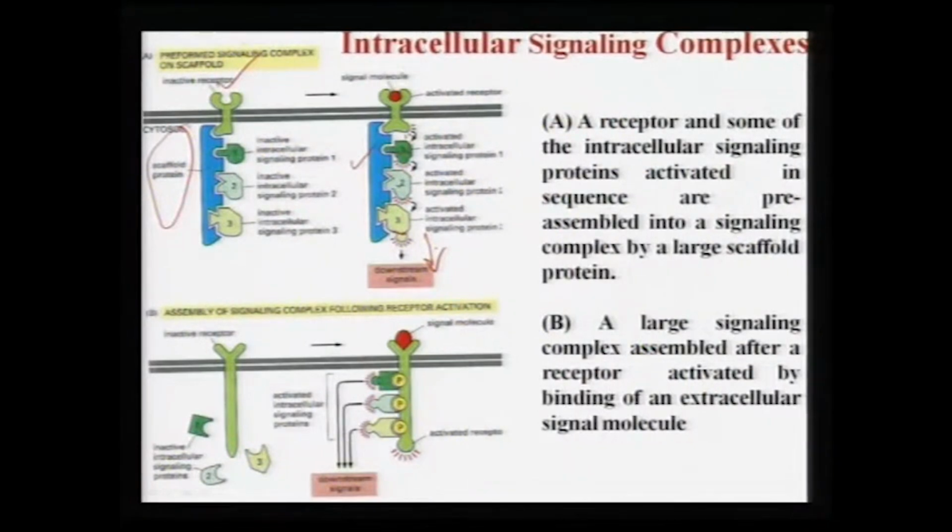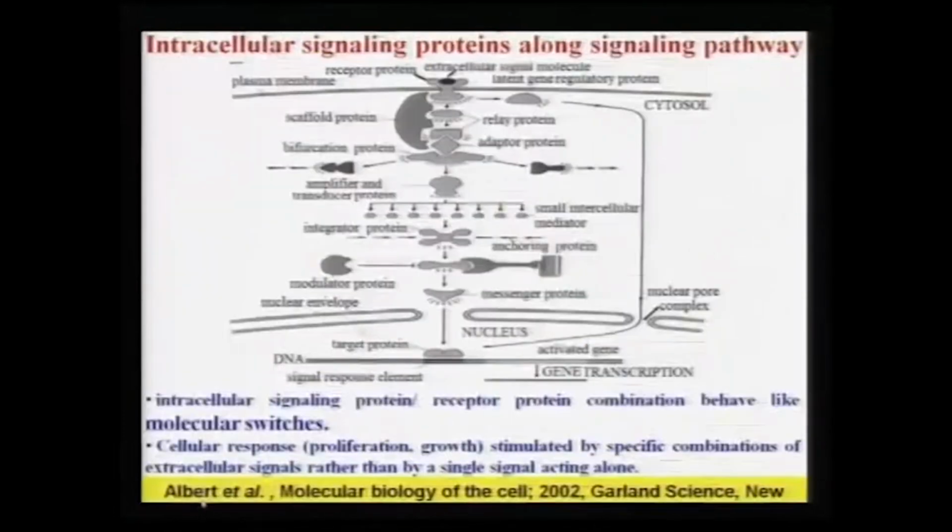So, this is called intracellular signaling complexes. Now, B is the assembly of the signaling complex following receptor activation. You have an inactive receptor, your signal molecule comes here, and these 1, 2, 3 are 3 different signaling proteins. Now, here you can see that these signaling proteins are activated because of the molecular switches, and again a large number of intracellular signaling pathways can be generated.